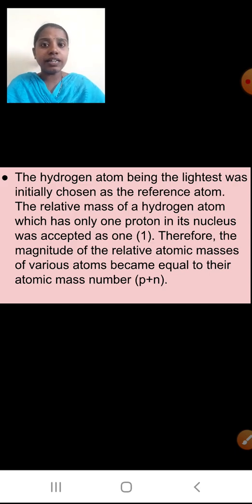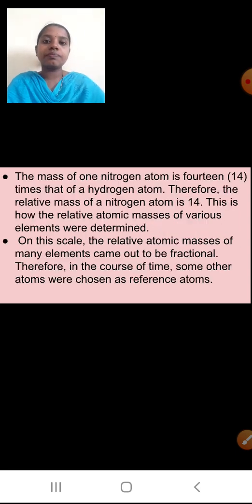Taking it as the reference, they started calculating the values for the atomic masses of different elements using the atomic mass number, P plus N. Now the mass of one nitrogen atom is 14 times that of a hydrogen atom, because hydrogen is 1.